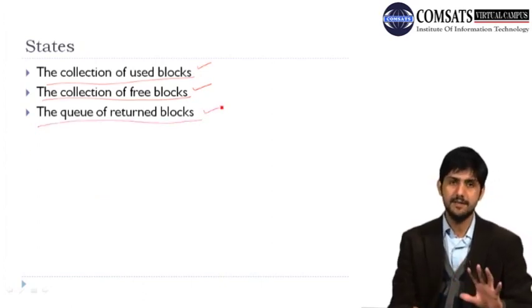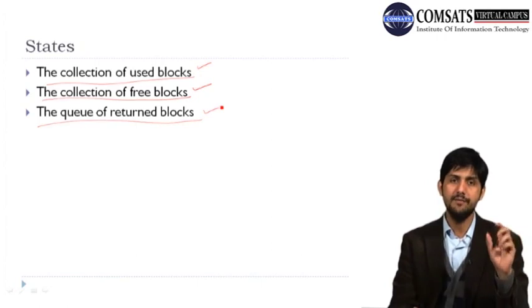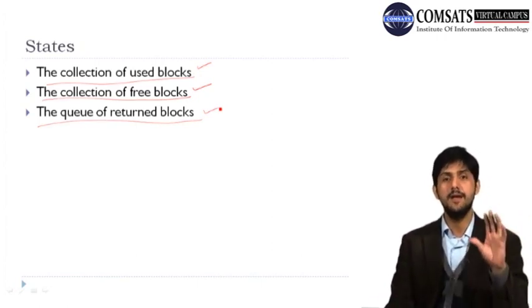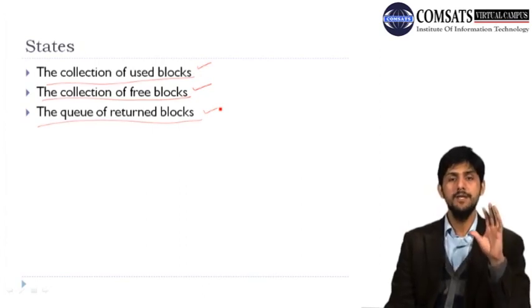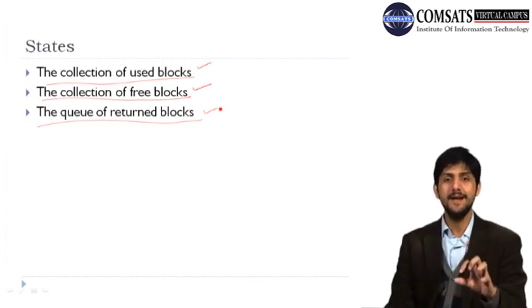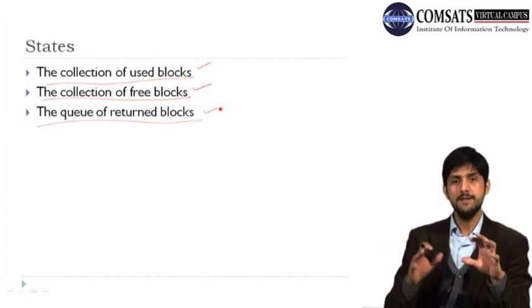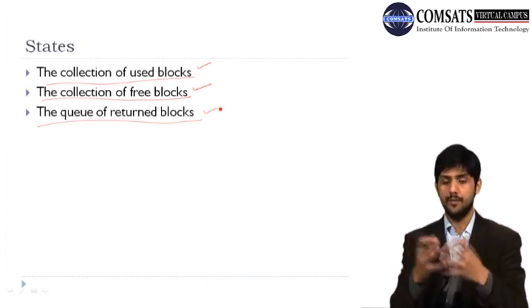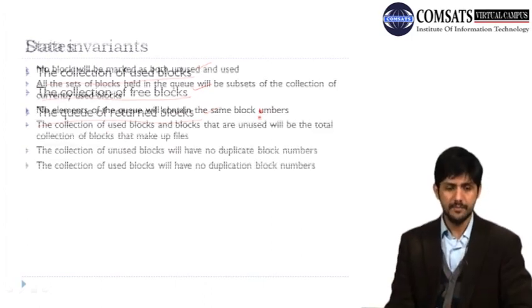So these are the three sets: free blocks, used blocks, and a queue of returned blocks. This represents the data stored in my system, and the data which my system needs to access or alter when it is in execution.